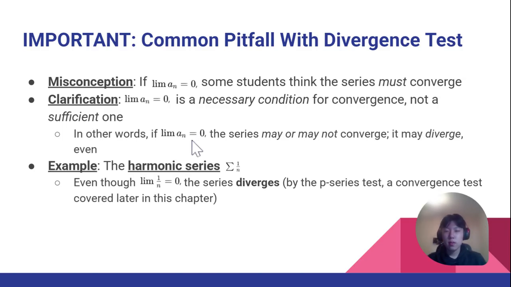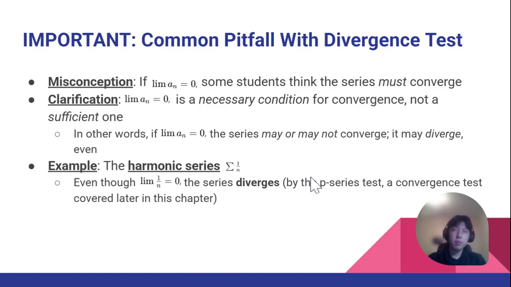So let's look at an example, right? You have the harmonic series. If you don't know what that is, that's just 1 over n. So 1 plus 1/2 plus 1/3 plus 1/4, and so on. So the limit as n approaches infinity of the harmonic series, right? 1 over a really large number is 0. By the divergence test, the series is inconclusive, but it still diverges.